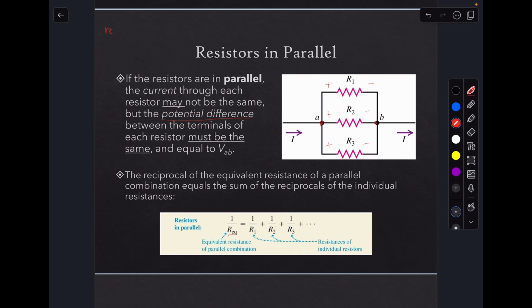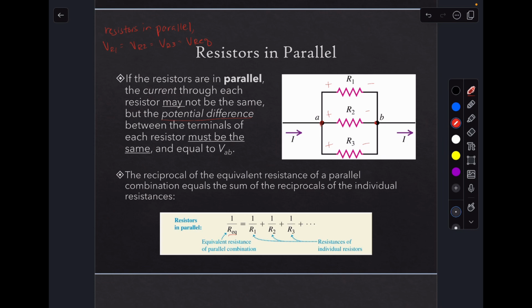In other words, for resistors in parallel, the voltage across resistor 1 is equal to the voltage across resistor 2, which is equal to the voltage across resistor 3, which is equal to the voltage across that equivalent resistor.